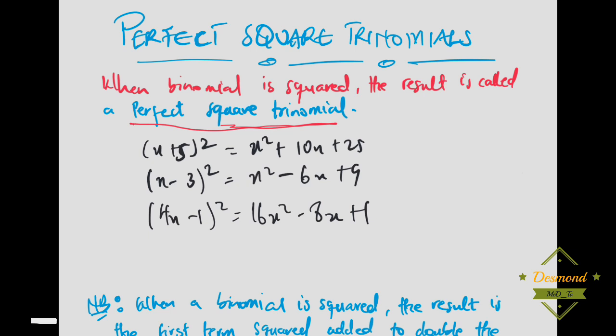You can see that, right? And the middle term is the product of the two terms. Lastly, we can see that the first sign of the trinomial is the same as the sign of the binomial, as you can see there.